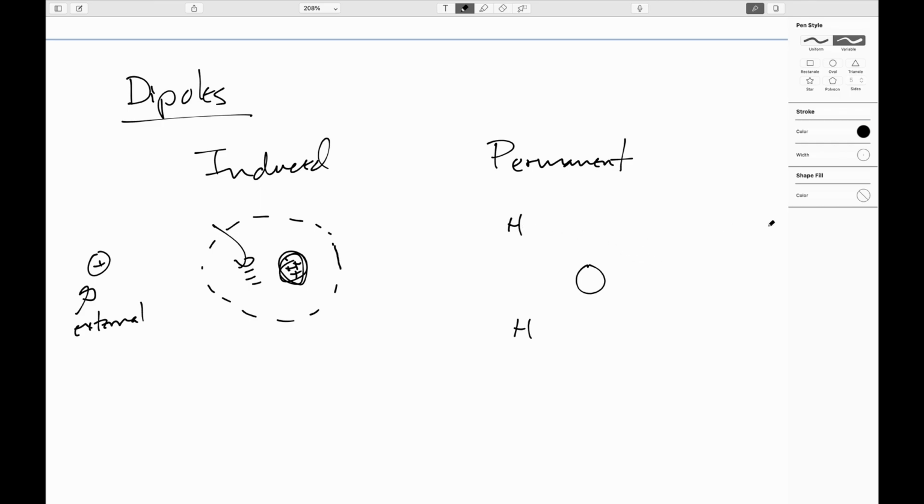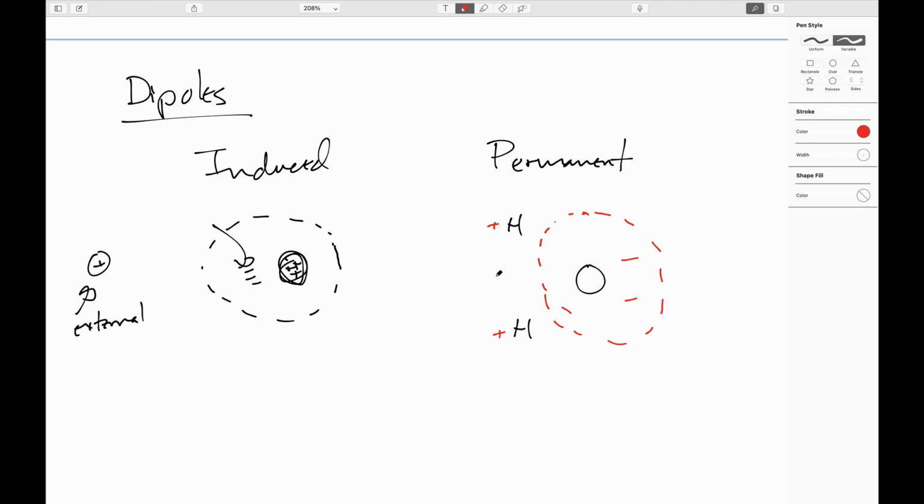But what winds up happening is the oxygen is a bit of an electron hog. And so although this is technically a covalent bond, the excess electrons spend the vast majority of their time over here, leaving behind the protons that make up the nucleus.